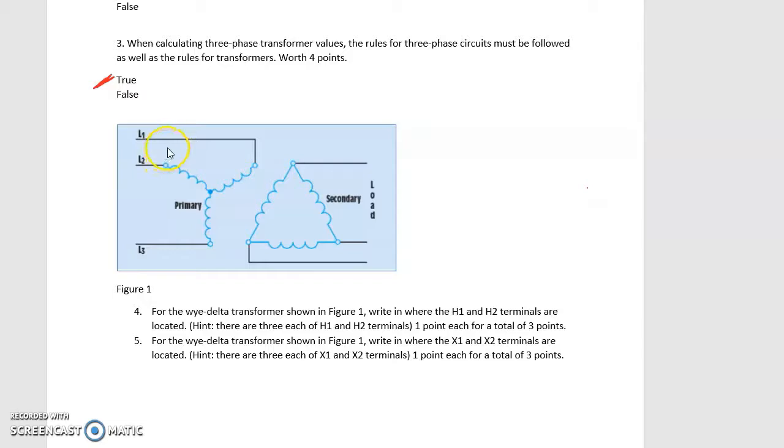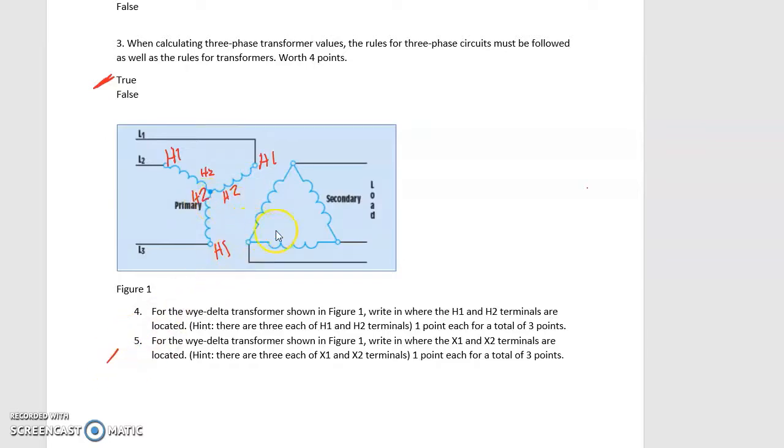So we have H1 here, H1 here, and H1 here. And then the H2s are literally the other ends of the coils. So we have H2, H2, and H2.